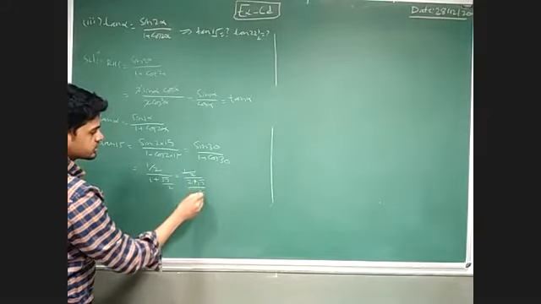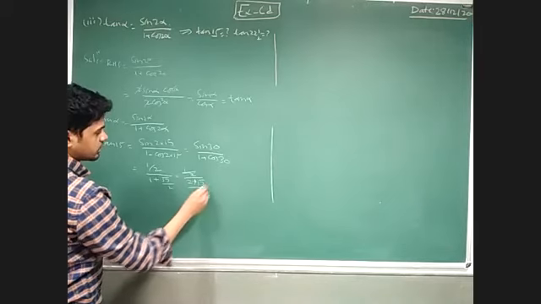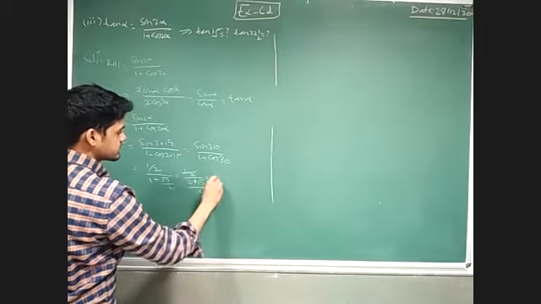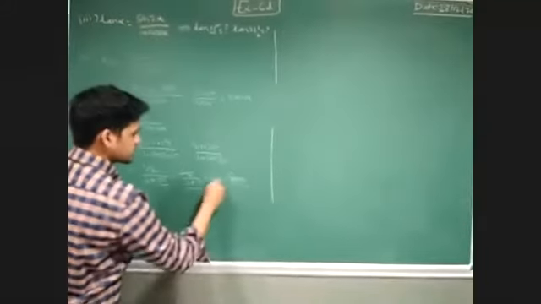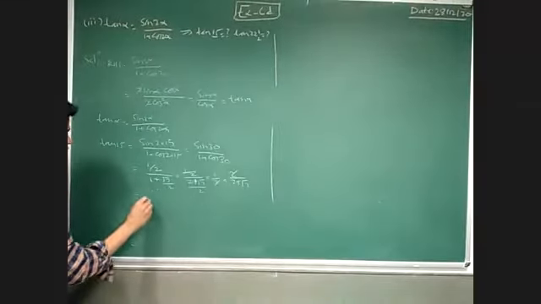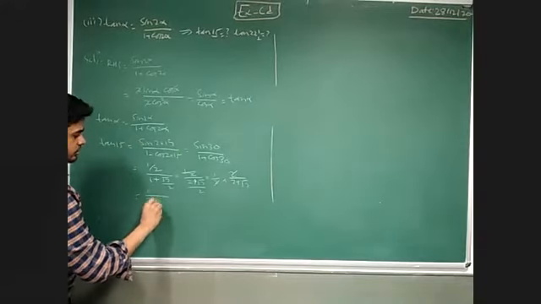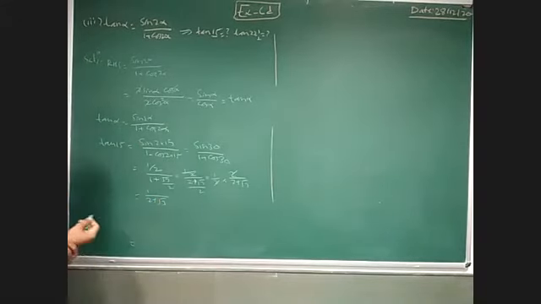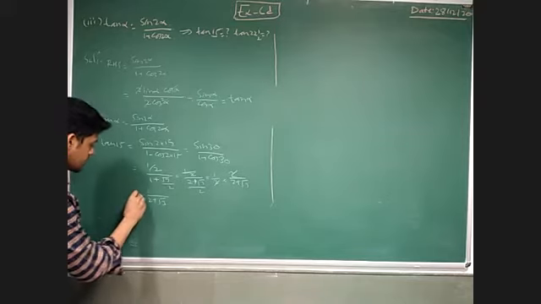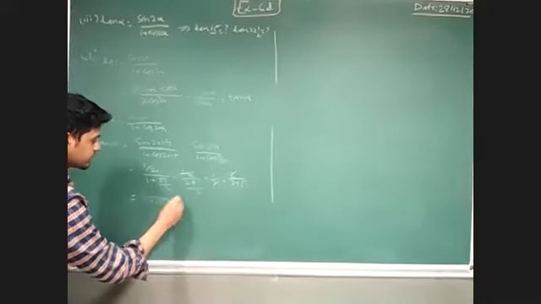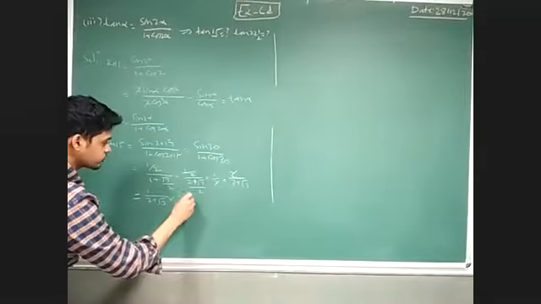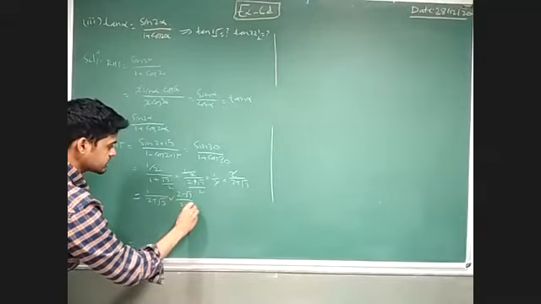So here I will have 1 by 2 over 1 plus root 3 by 2. I can write this as 2 plus root 3 by 2, and these two will get cancelled. So here I will have 1 by 2 plus root 3. Now I can simplify this, I have to multiply by 2 minus root 3 on top and bottom.